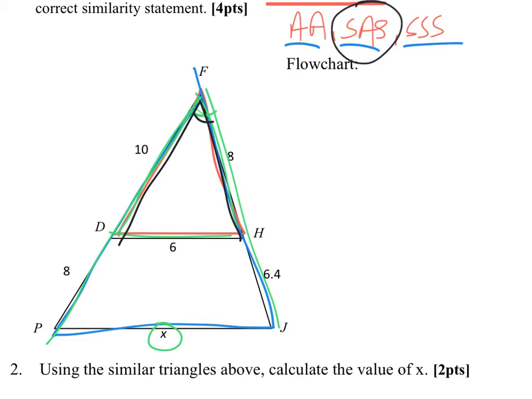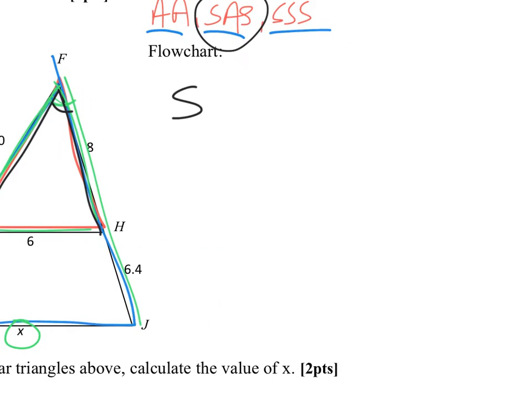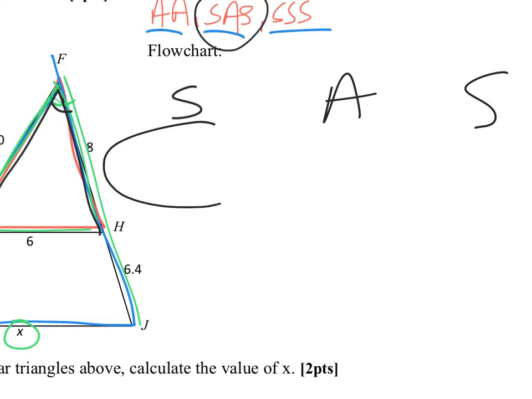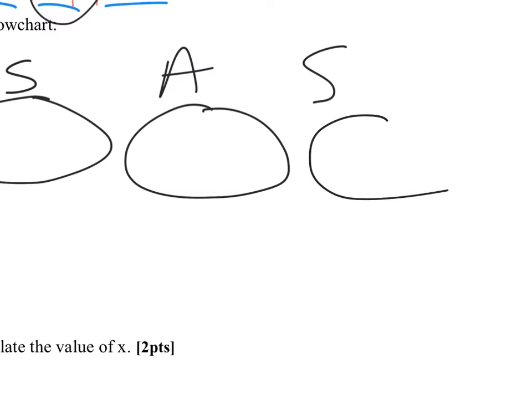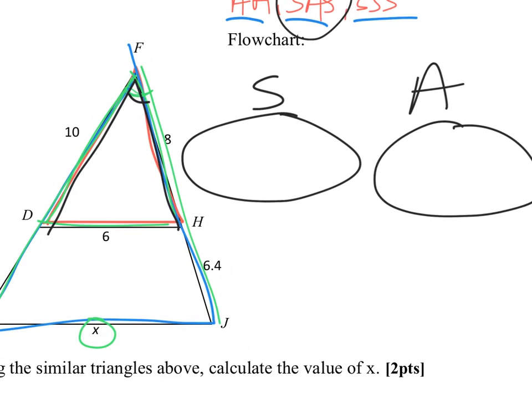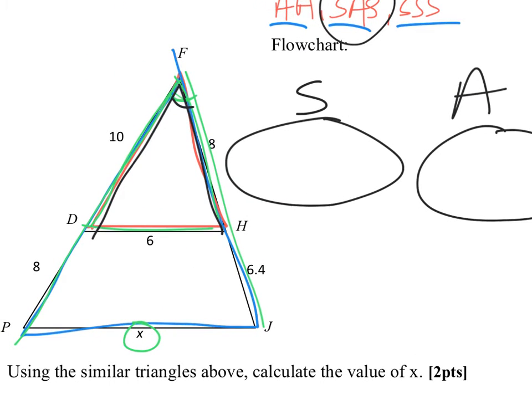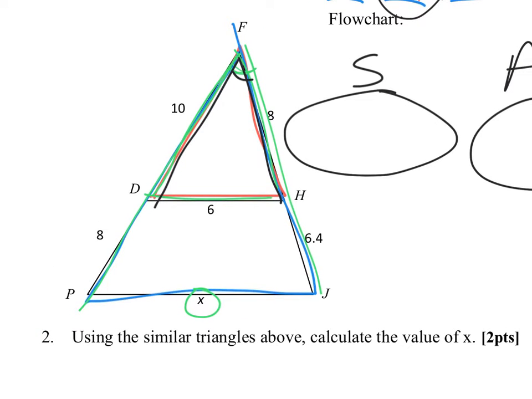So if I use side-angle-side to start my flow chart, I'm going to put SAS on top, and I'm going to put bubbles here that represent each of those separate conditions. So when I say side, this first S, I'm going to list two sides that are proportional. What I mean by that, this side length of FD, I'm saying is proportional to, or corresponds to, FP.